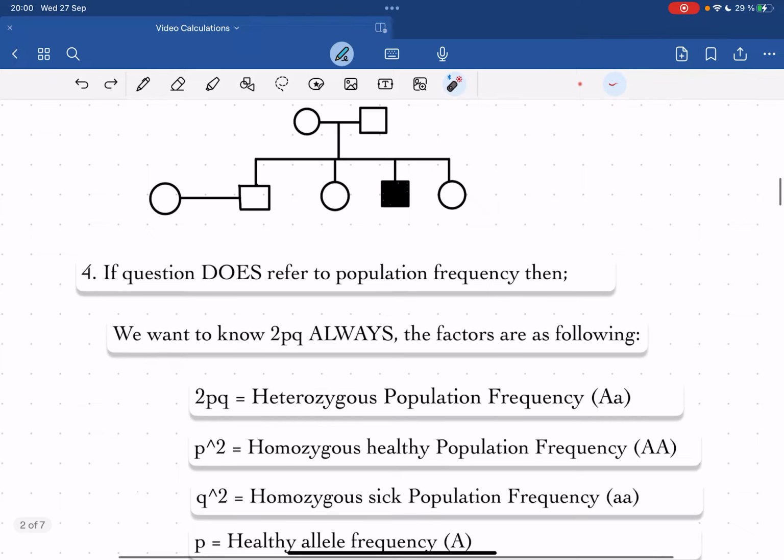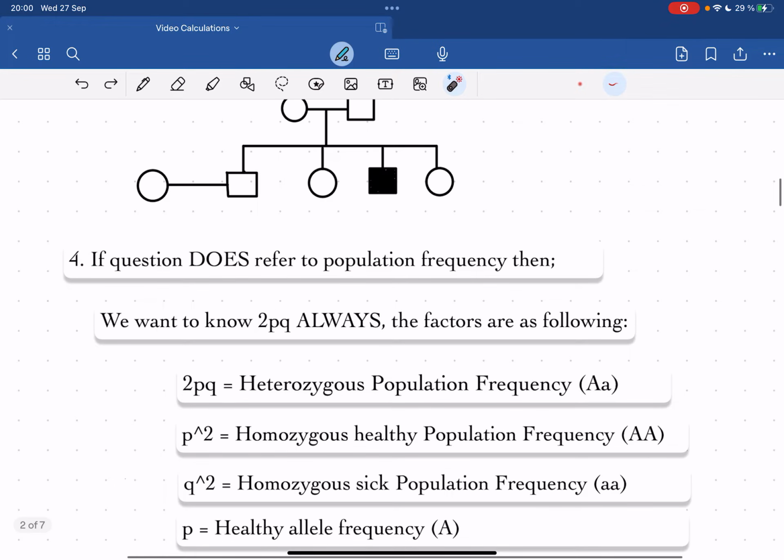However, in rule 4, if the question does refer to population frequency, then we want to know what 2PQ is. Always 2PQ. We're not interested in P squared, well, we are, but we want to get 2PQ out of all the calculations we're doing.